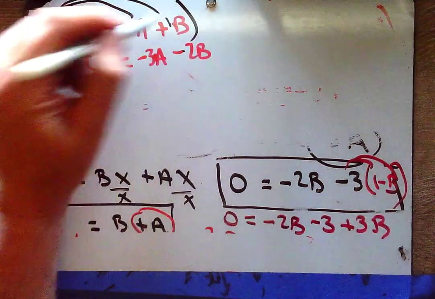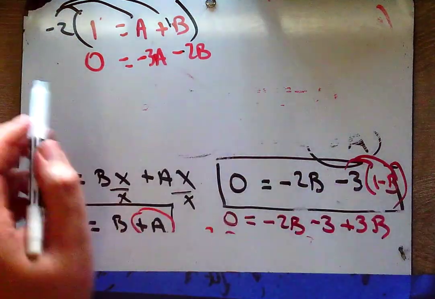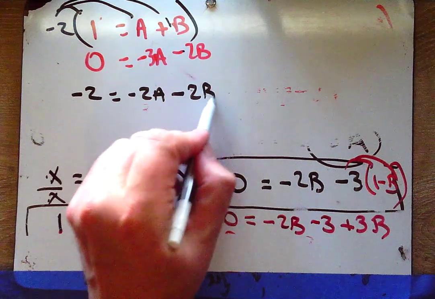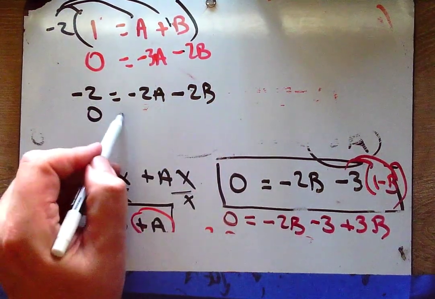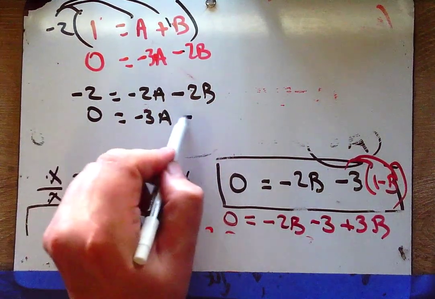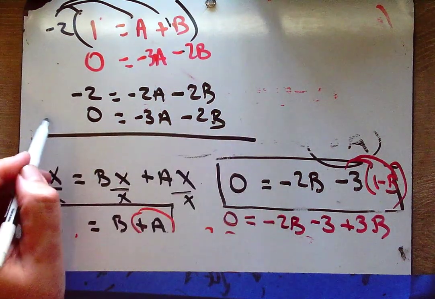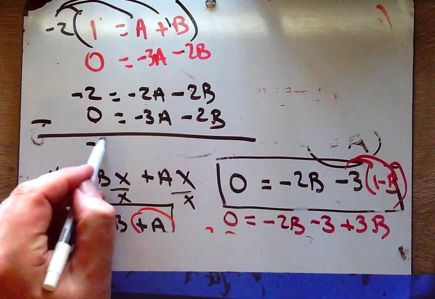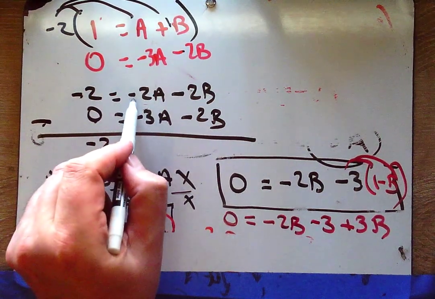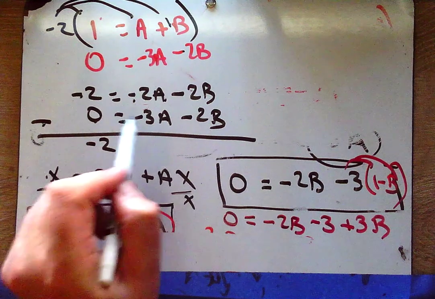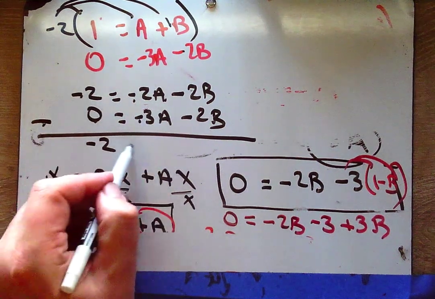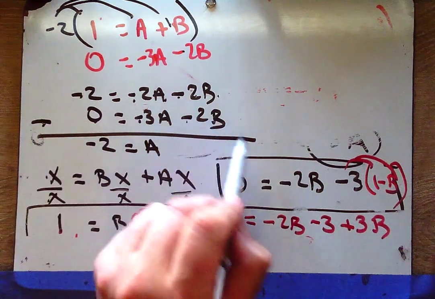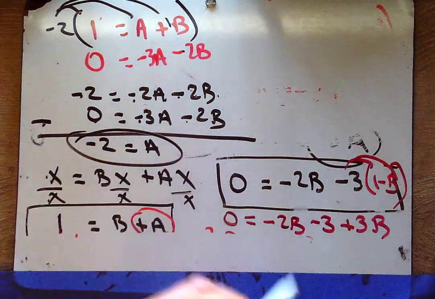Here, here, and here. So my first equation now will be negative 2 equals minus 2a minus 2b. And this one is still 0, minus 3a minus 2b. And I'm going to subtract this minus this. Negative 2, negative 2a minus 3a is going to be 1a. And here, minus 2b minus 2b, they cancel, and I've got that.